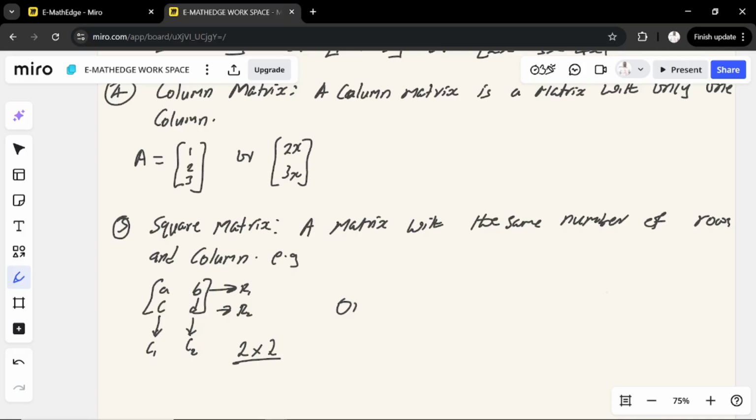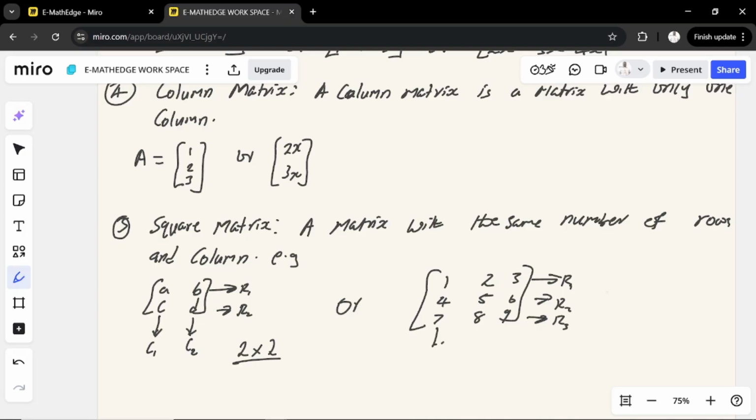Or in a situation whereby we have three rows, 1, 2, 3, we have 4, 5, 6, we have 7, 8, 9. Now we have row 1, row 2, and we as well have row 3.